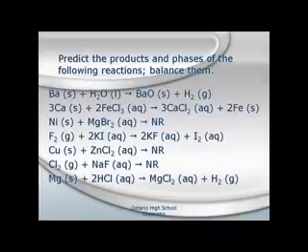In the next one, we have copper metal being added to aqueous zinc chloride, and here, because copper is lower on the activity series than zinc, no reaction will occur. Zinc is a more active metal, so it will not be displaced by copper. On the next one, we have chlorine gas being added to sodium fluoride, and because chlorine is lower on the periodic table than is fluorine, we can predict that this reaction will not occur.